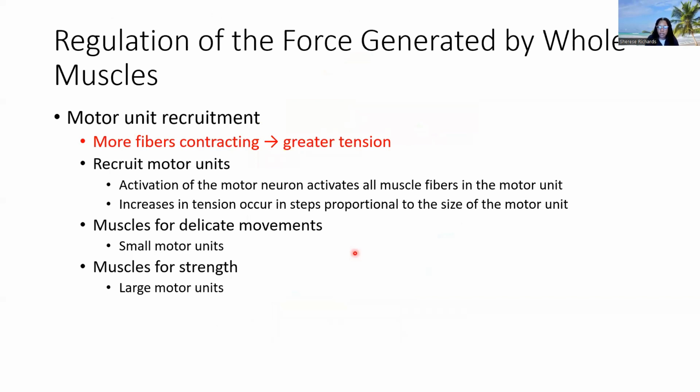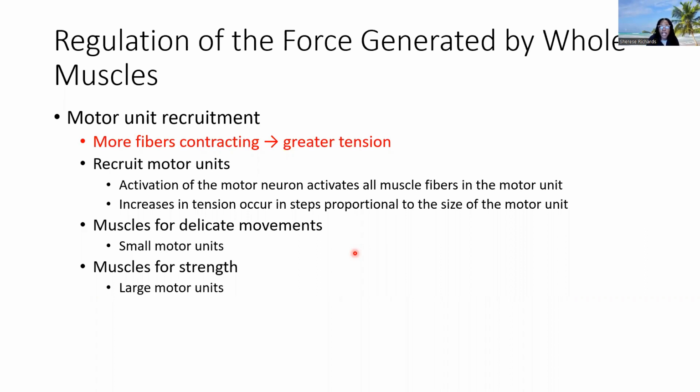Now, when we think about the recruitment, we want to think about the principle that governs recruitment. So when we look at the size of the motor unit, that's always going to be determining which units get recruited first. So more fibers contracting equal more tension. And we also want to think about the type of unit that is associated with each action.